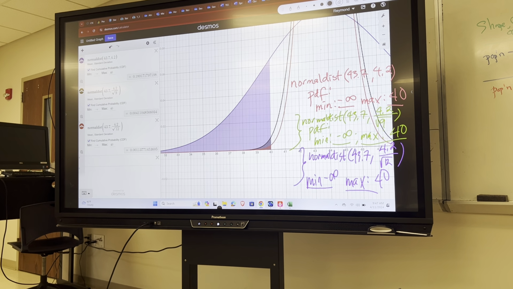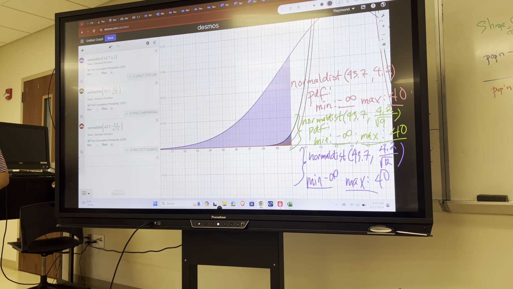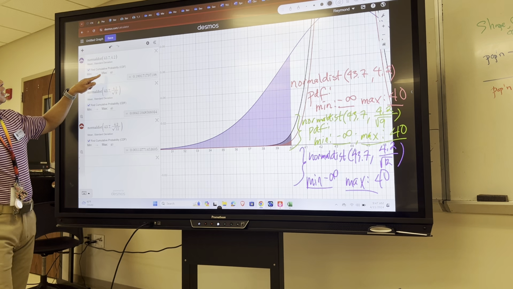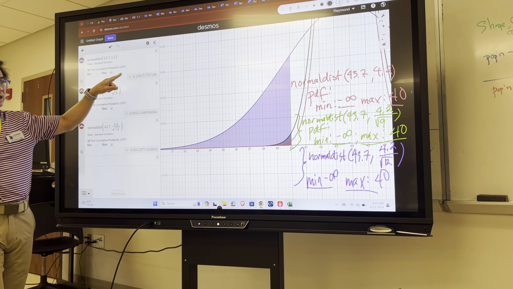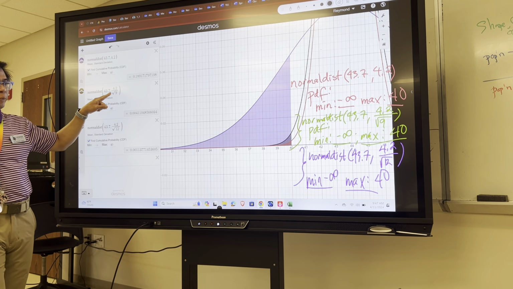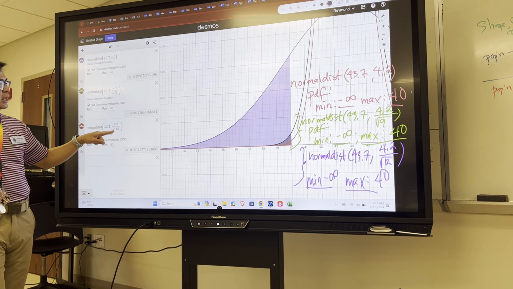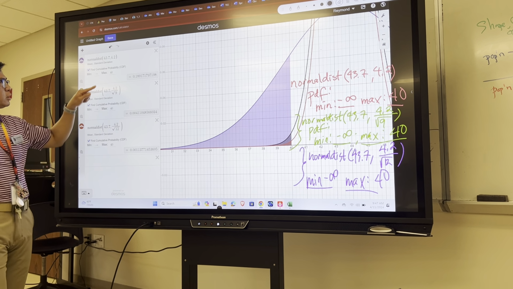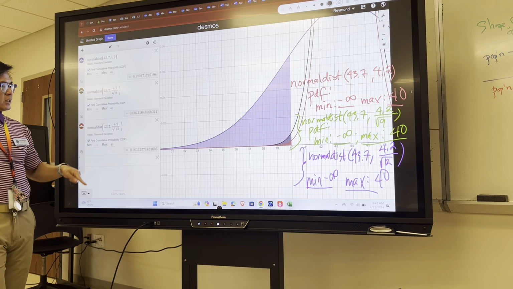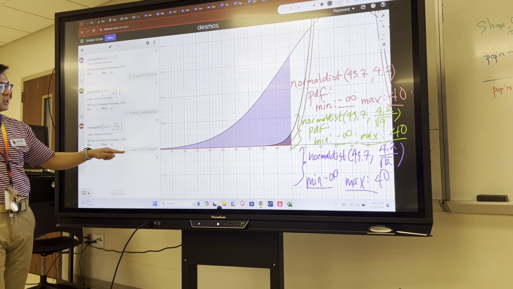As you may notice in here, this is for no sample size given. This is a smaller sample size. This is a bigger sample size. Now look at the probability. What is happening to the probability of x less than 40 as your sample size increases?